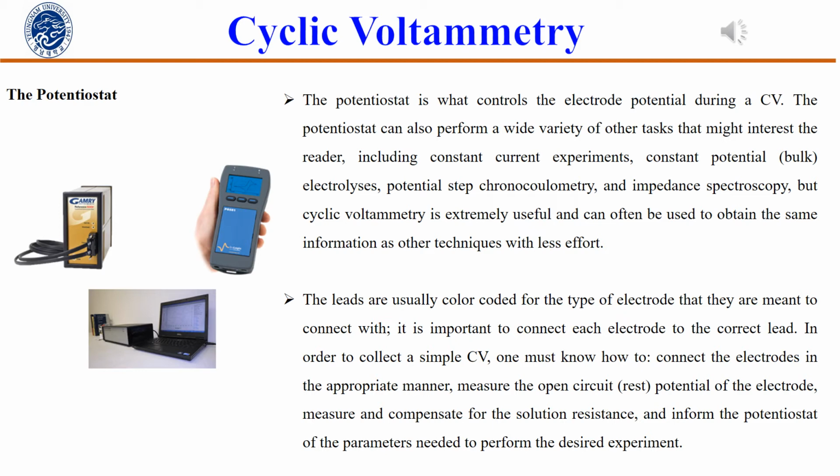After connecting the leads of the potentiostat to the particular electrodes, we need to measure the open circuit potential, or open circuit voltage, of the electrode. Measure and compensate the solution resistance and inform the potentiostat of the parameters needed to perform the desired experiment.